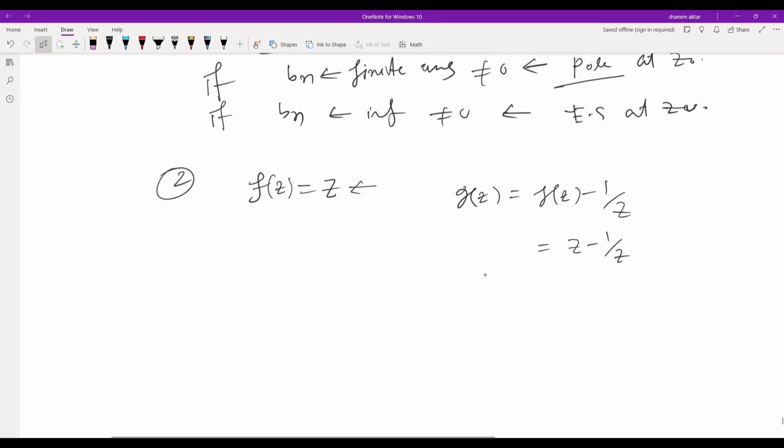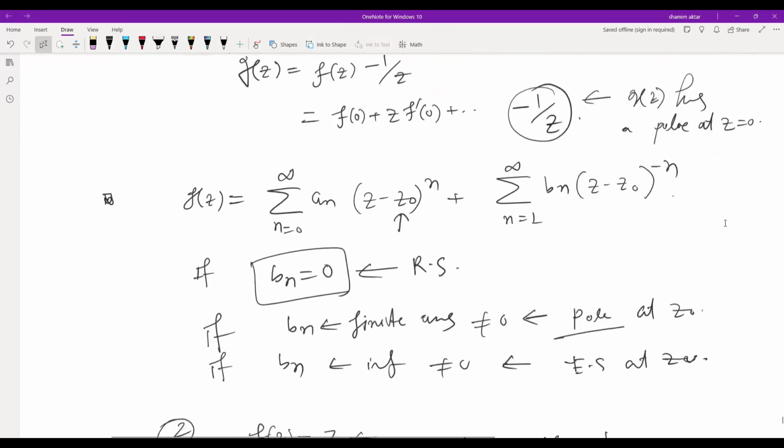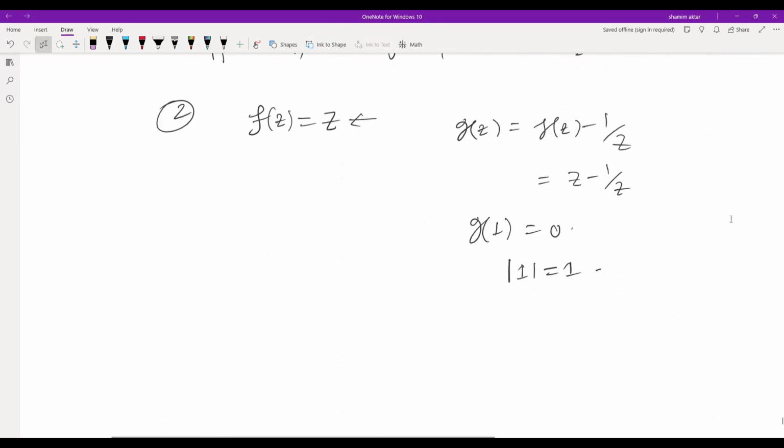If we choose z = 1, then 1 - 1 = 0, but the modulus of 1 is also 1. This is a contradiction. With alpha = 1, the modulus of alpha is equal to 1, so this is a false statement.